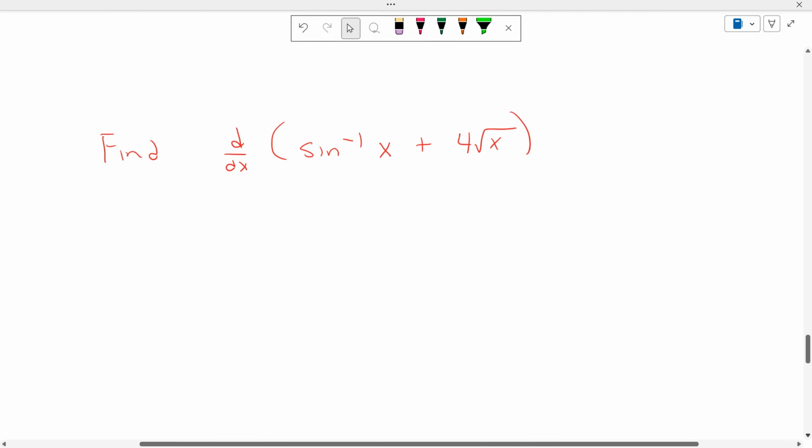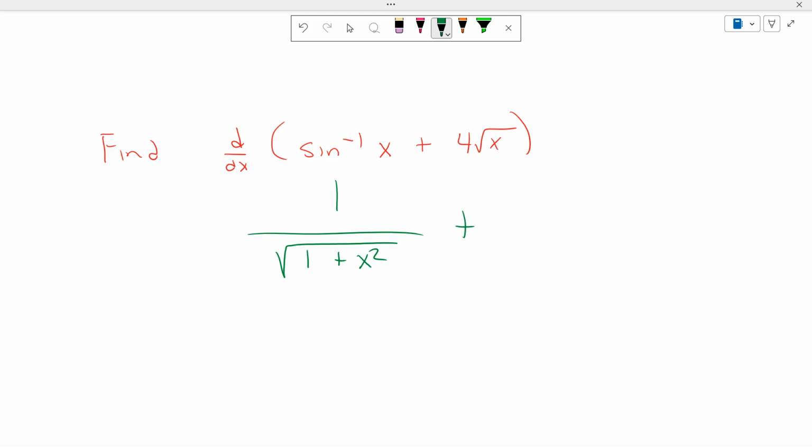Okay, how would I do this? Well, simply the inverse sine of x is 1 over the square root of 1 minus x squared, yeah.